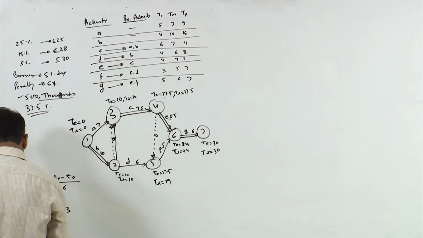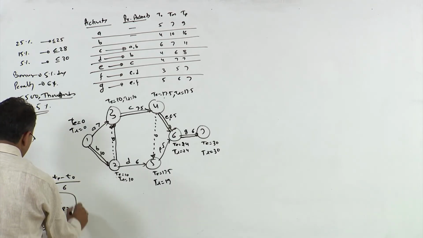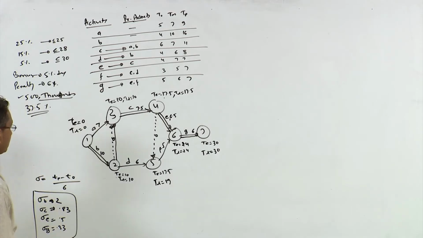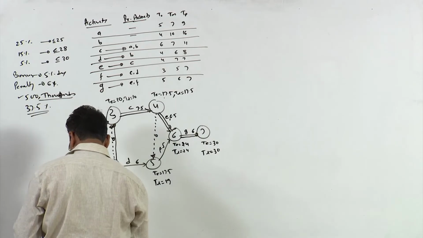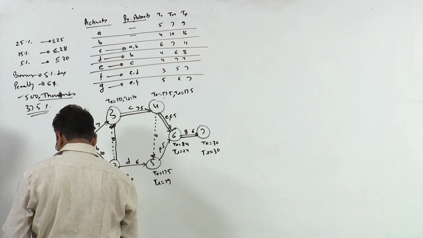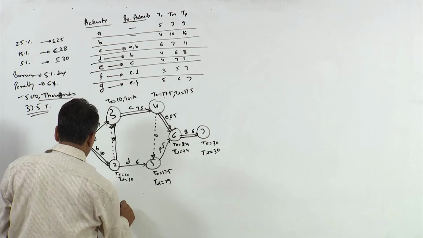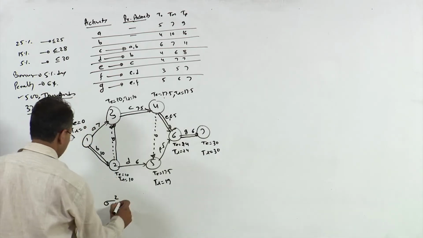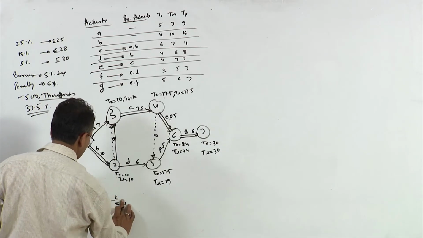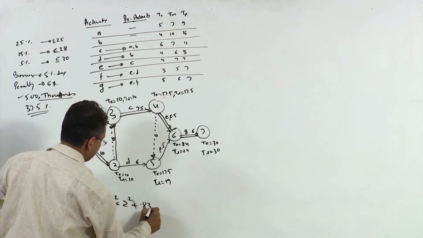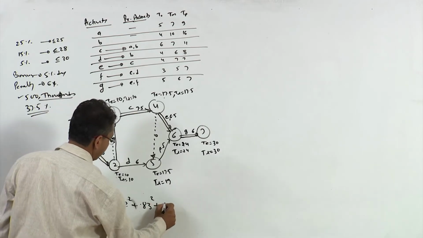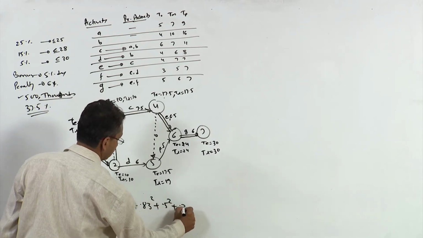Once you calculate all these standard deviations of activities along the critical path, you need to calculate the standard deviation of the critical path. Let us calculate variance first. This is 2 square plus 0.83 square plus 0.5 square plus 0.33 square.